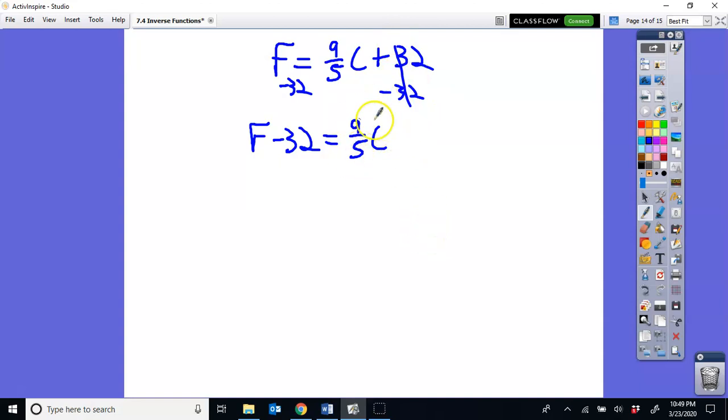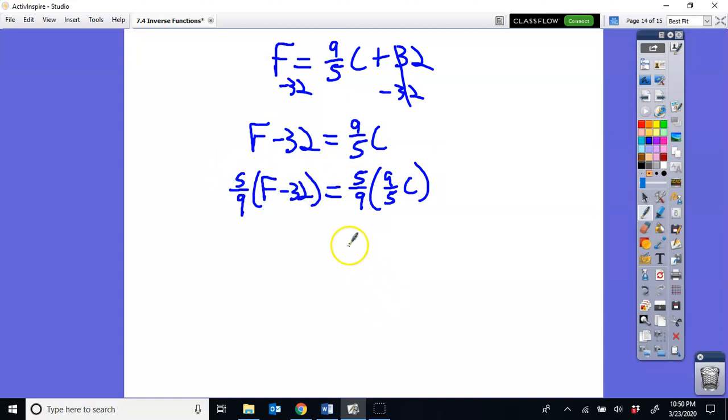Then you would get rid of the 9/5 by either dividing by 9/5, or, my personal opinion, I think the easier way to do it, is to multiply by the reciprocal. To multiply by 5 over 9. And then you can multiply by 5 over 9 on this side. What that does is cancel out the 9/5, leaves me with c equals.